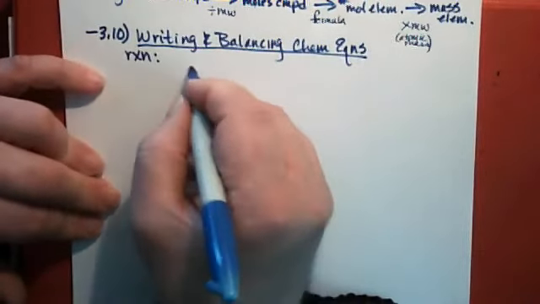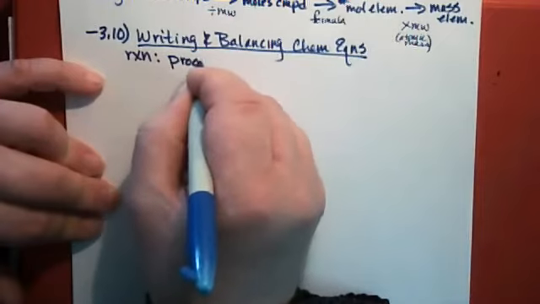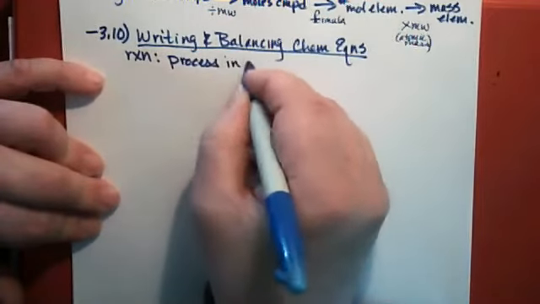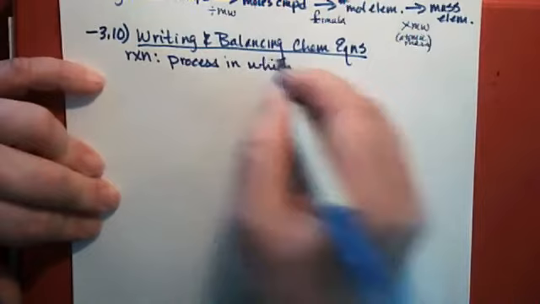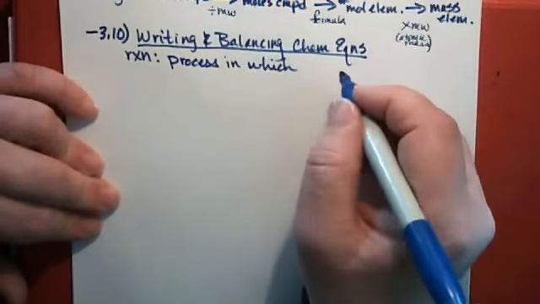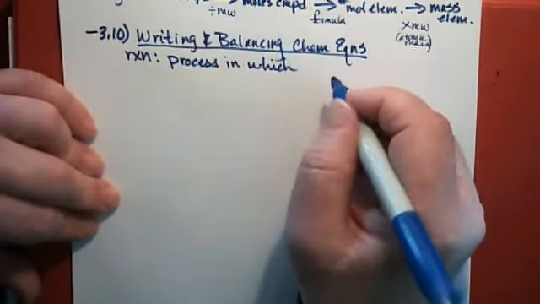A chemical reaction is basically a process in which atoms are separated from each other in reactants.